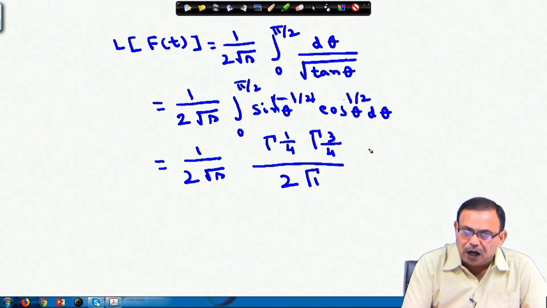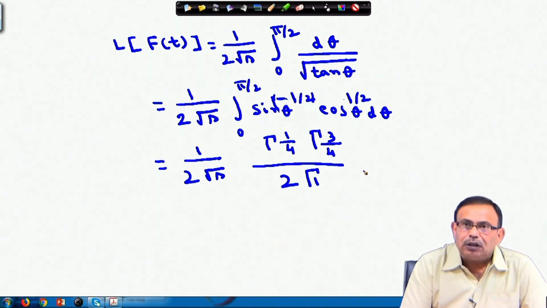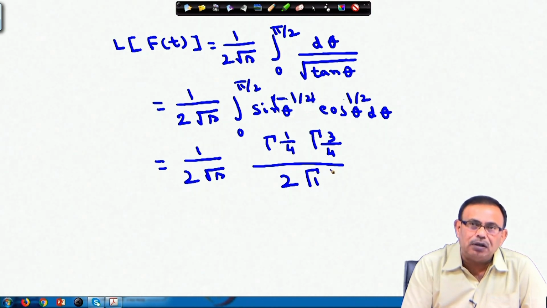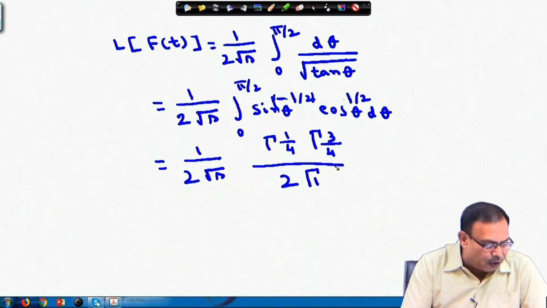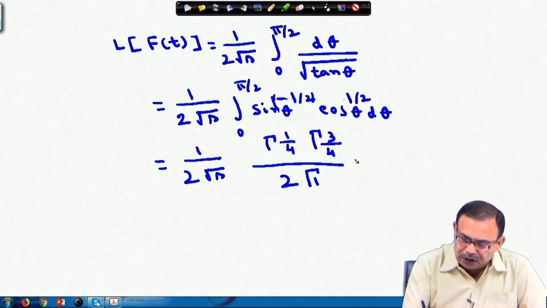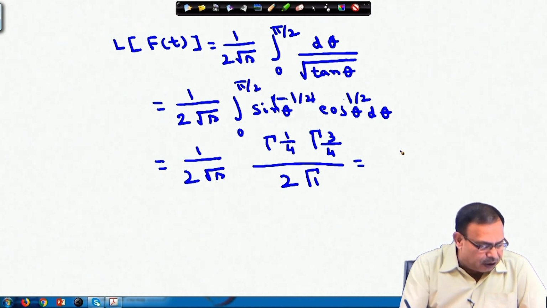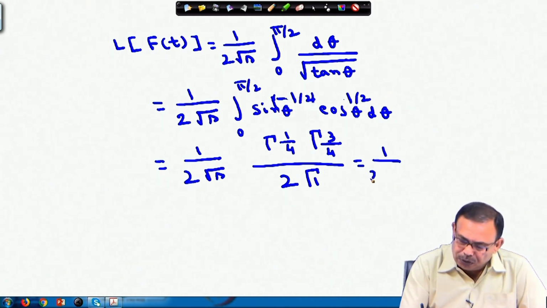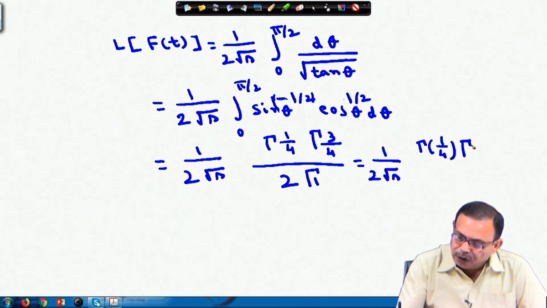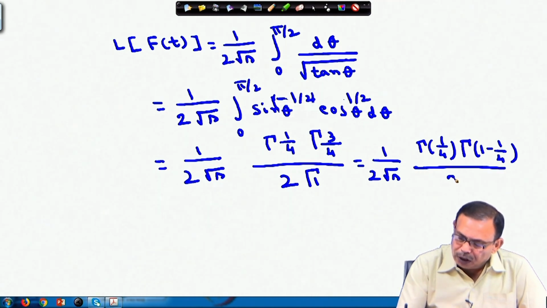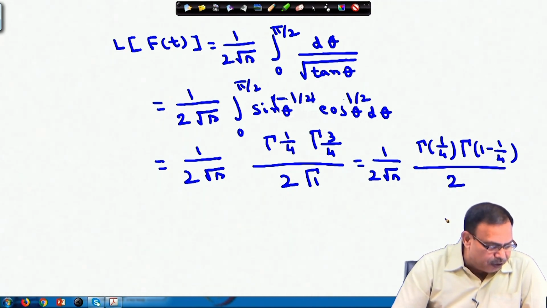I am not telling how I am getting the required result, but you can see it. That is the reason I told you to brush up on integral techniques, how to solve them. So, this equals 1 by 2 root s into gamma of 1 by 4 into gamma 3 by 4, where I can write 3 by 4 as 1 minus 1 by 4, and gamma 1 will not be there, so only 2 will be there.